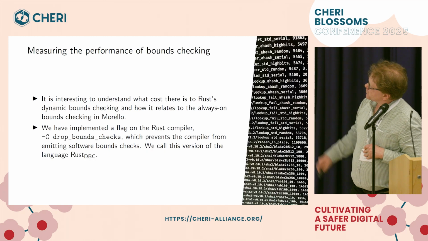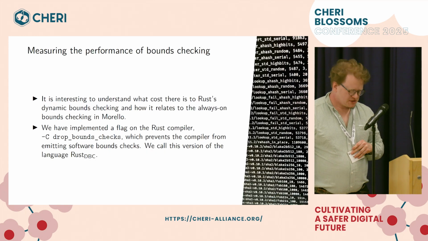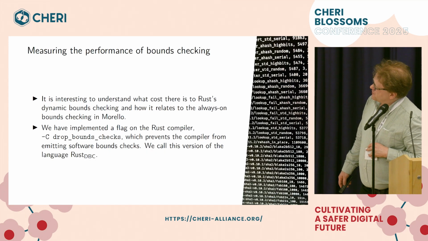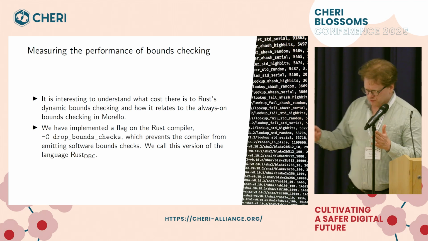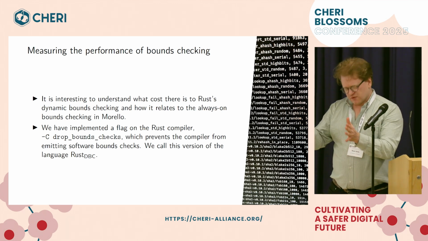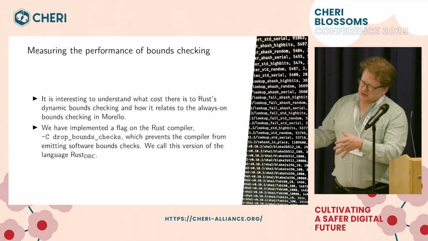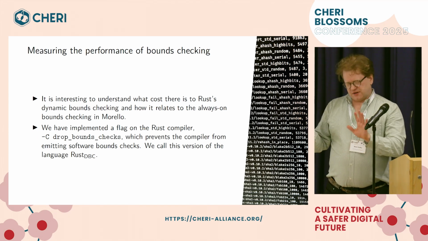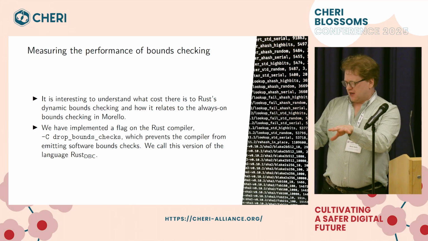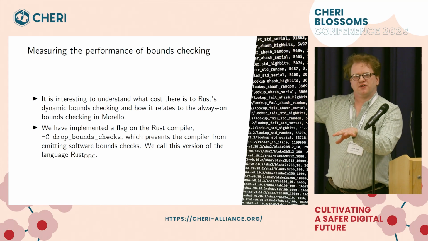Yeah. So we did performance measurement of the compiler, and because we have Rust, we've got something interesting to say about performance. We can compare the hybrid mode and the pure capability mode against Rust's bounds checks, if that makes sense.